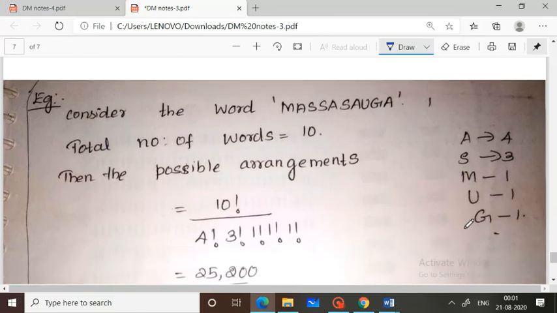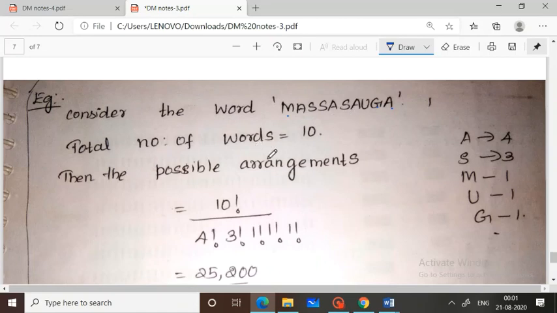Now, consider a new word, Masasuga. In this word, how many letters are here? 10 letters. So I have totally 10 letters: 1, 2, 3, 4, 5, 6, 7, 8, 9, 10.